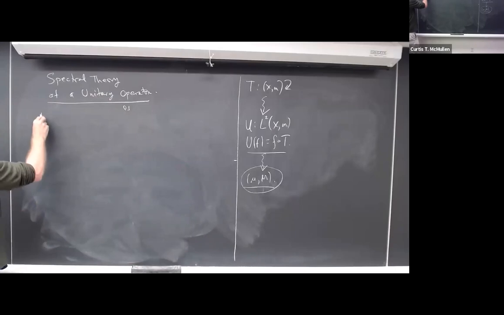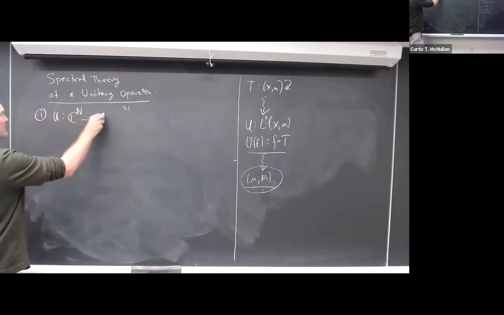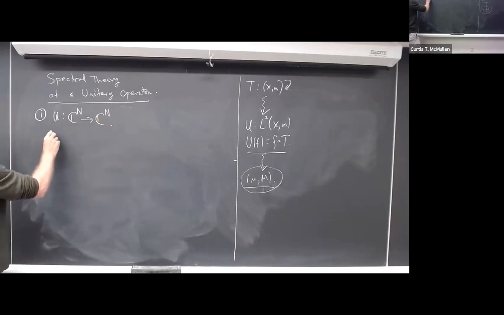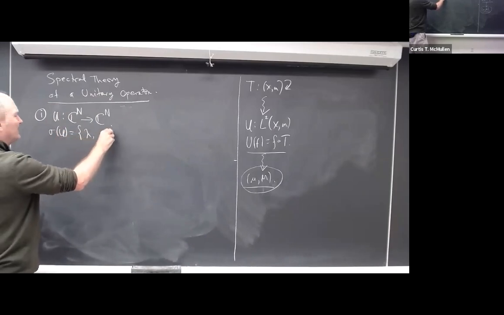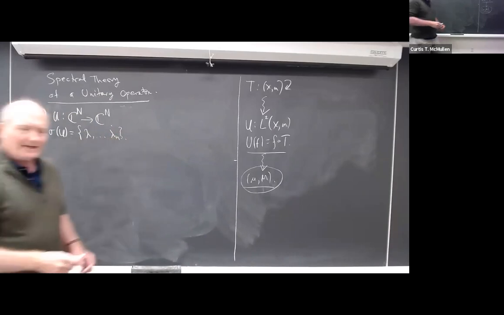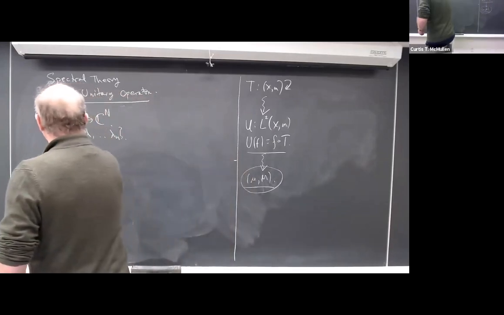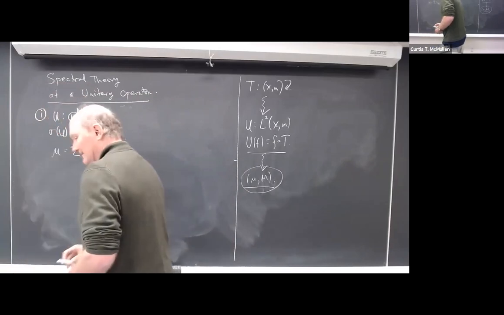So first is if U is a map on a finite dimensional Hilbert space, then the spectrum of U is some finite set of numbers, lambda 1 up to lambda n, all distinct. And the spectral measure can be taken to be just the sum of delta functions of these lambda i's.